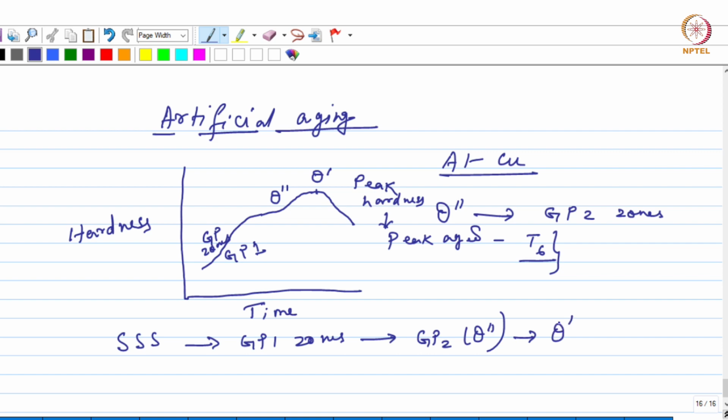Okay. And as you go beyond this, then the equilibrium phase theta will form and the hardness will come down. Okay. So this will happen on prolonged aging or overaging when the equilibrium phase forms, right?